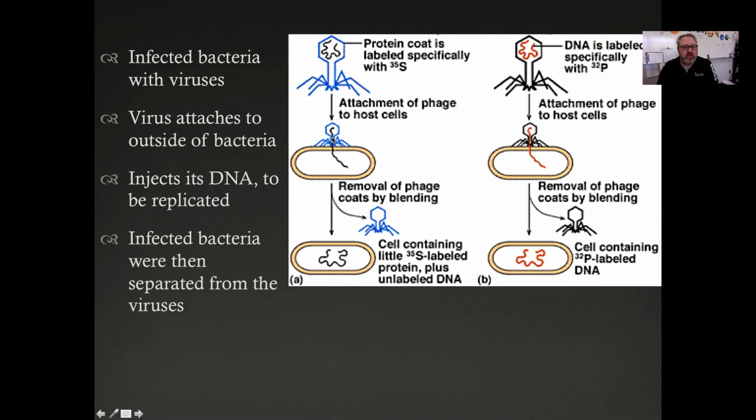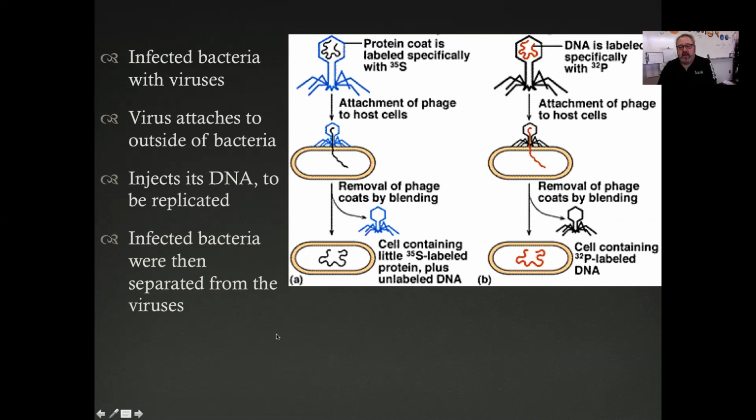So after the bacteriophage infects the bacteria, what they found was that the cell that had the radioactive phosphorus, which was part of the DNA, was being transferred from one bacterial cell to the next.